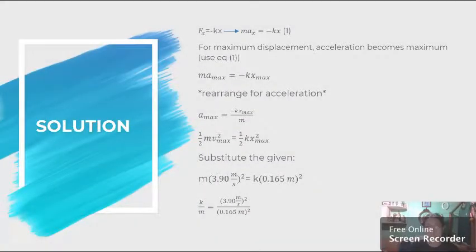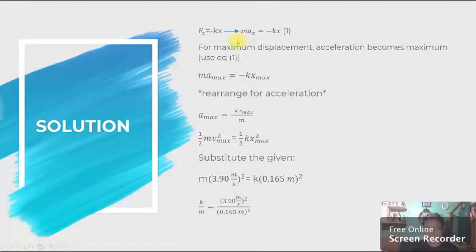First, if an object undergoes simple harmonic motion, Newton's second law takes this form: F of x is equal to negative kx. Since we know that F is equal to ma, we're going to use m a sub x in order to get the acceleration in the problem.